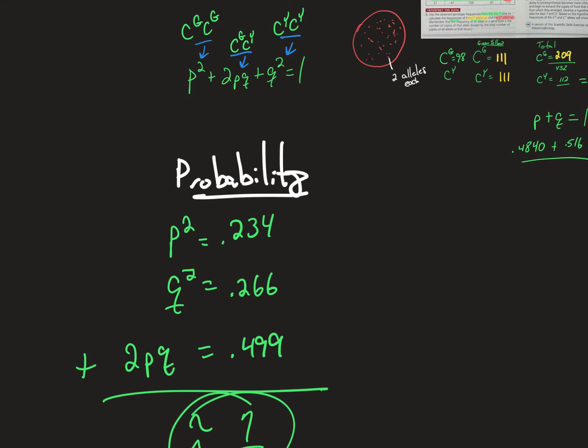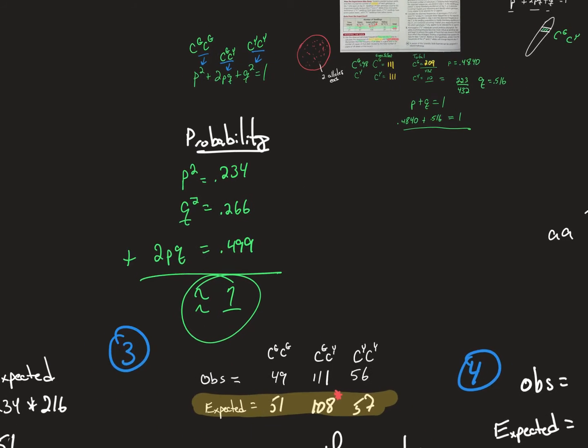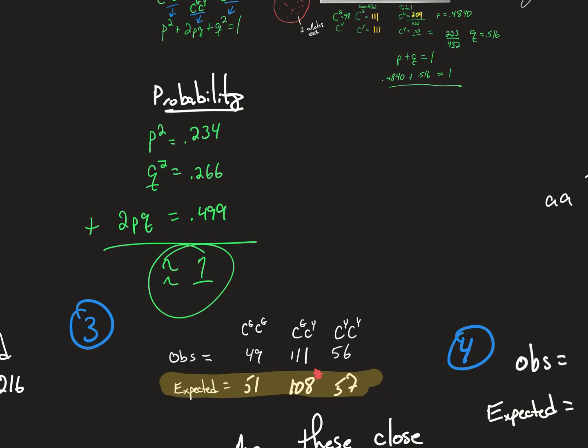Again, we have a probability of 0.234 for P squared, a probability of 0.266 for Q squared, and 2PQ is the probability of having the heterozygous. So this is homozygous CG, CG. This is homozygous CY, CY, and this is CY, CG. These are the 3 frequencies we'd expect. They equal about 1, right?